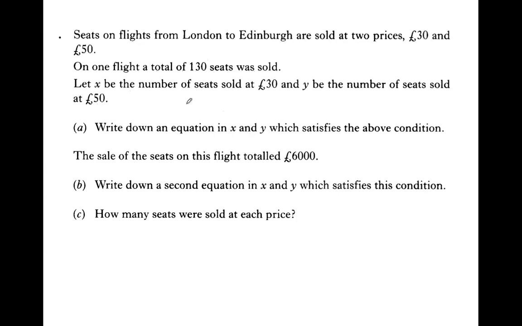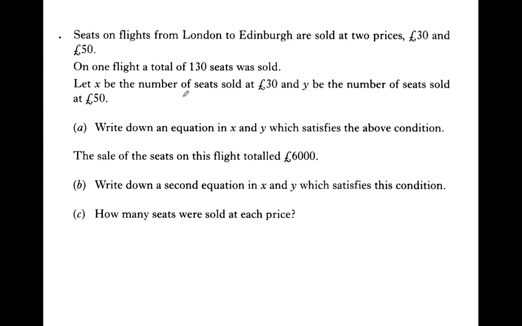X would be 30. So 30 times X plus 50 times Y equals £6,000. Yeah, so if you've got seats on a flight, let's do the number of seats, which is 130.